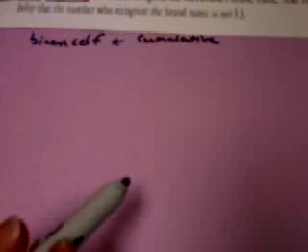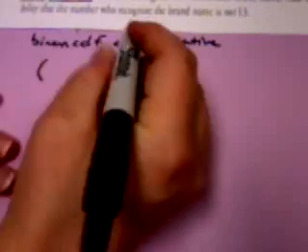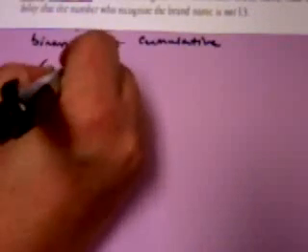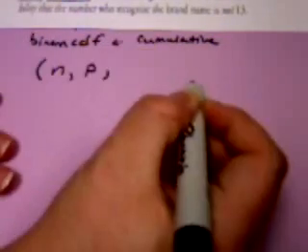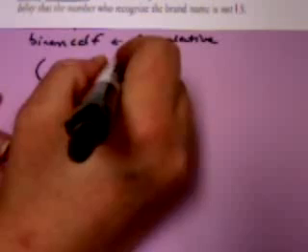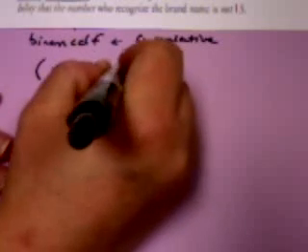or what you need to do this, is you need the sample size, because you're going to put in the parentheses your sample size, the probability of success, and then the number that you're selecting.